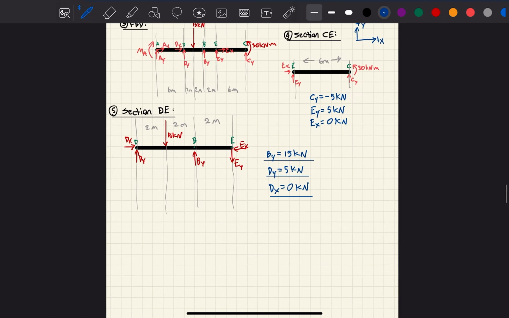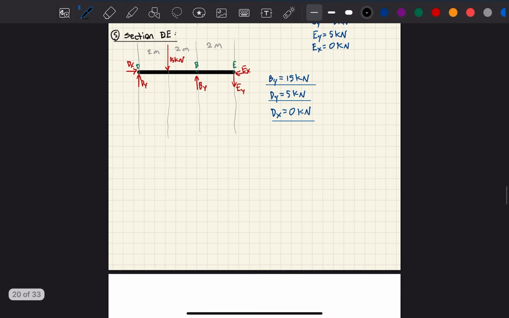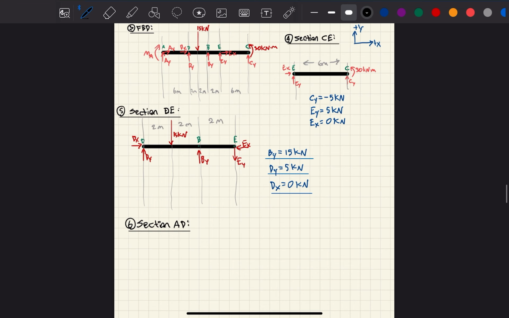Perfect. We have one last section to cover, and that is the section AD. So, section AD. Let me zoom out to keep this in frame. This is your point A. This is your point D. Dimensions, 6 meters.